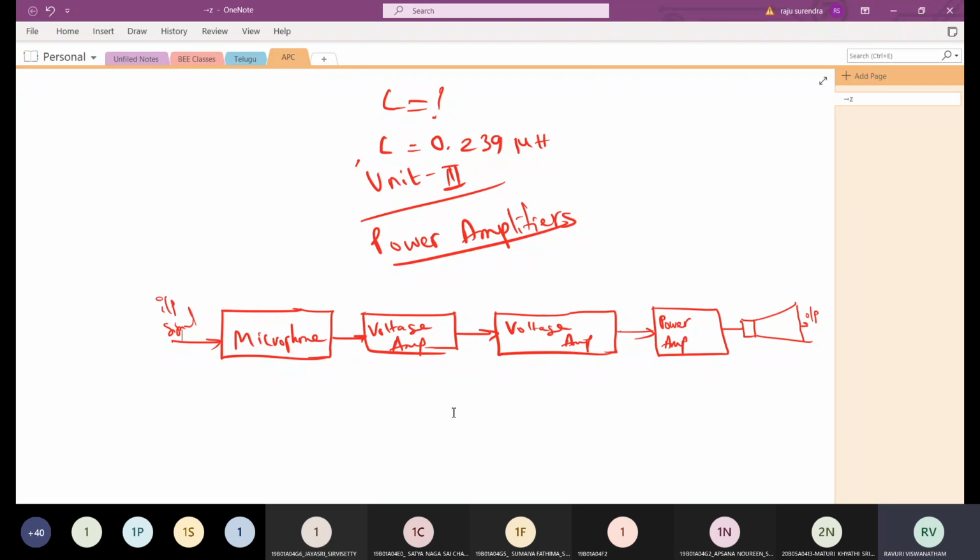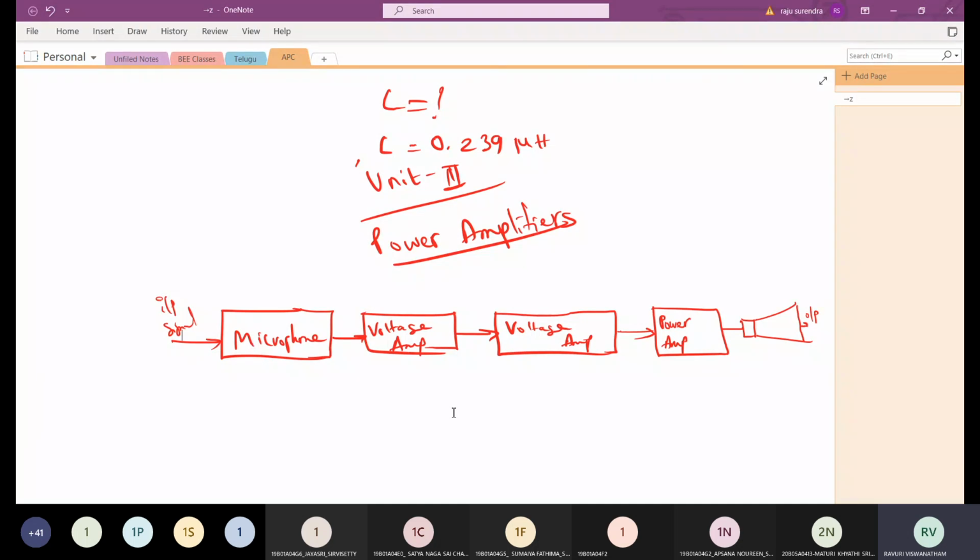I hope you know what is the range of audio frequency. 20 hertz to 20 kilohertz is the range of the audio frequencies.